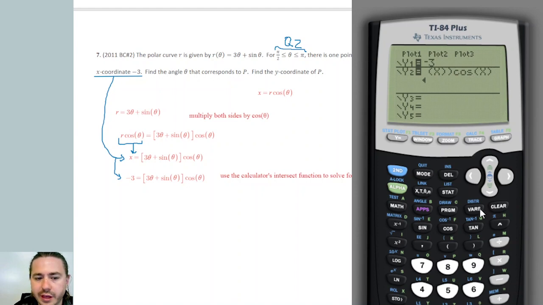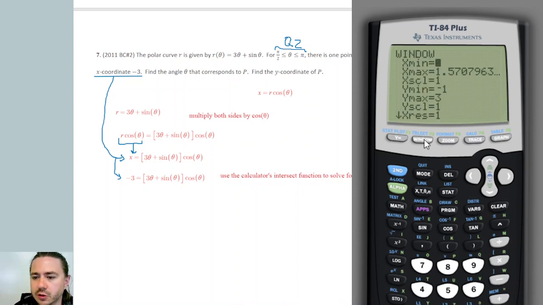We'll be looking for the intersection. It looks like it's between pi over 2 and pi, so my window is going to go from pi over 2 to pi.